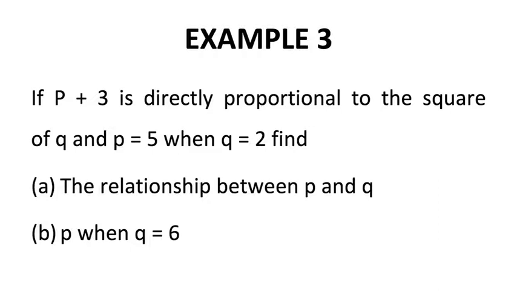The question again: if p plus 3 is directly proportional to the square of q, and p equals 5 when q equals 2, find A, the relationship between p and q. B, find the value of p when q equals 6.